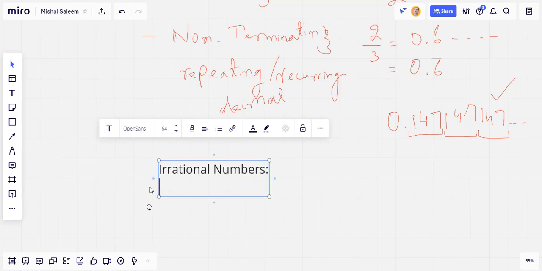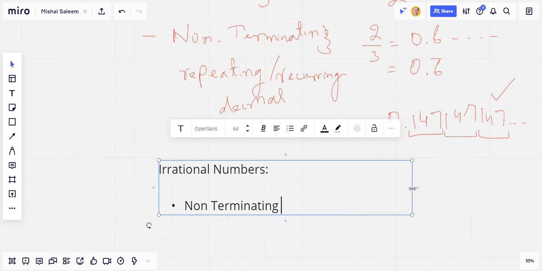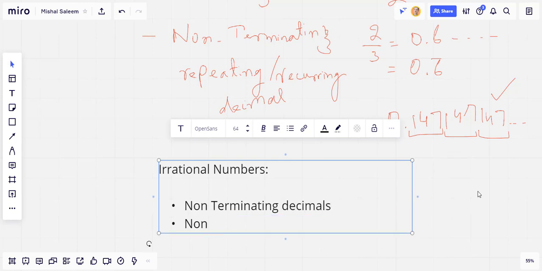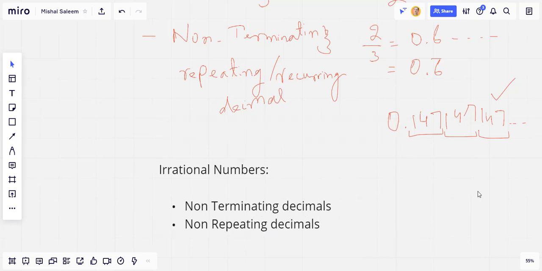So in short, irrational numbers are non-terminating decimals, and they are non-repeating decimals. But there is a confusion, like whether we are going to divide them and check whether it's repeating or non-repeating. Now, let me give you a trick.